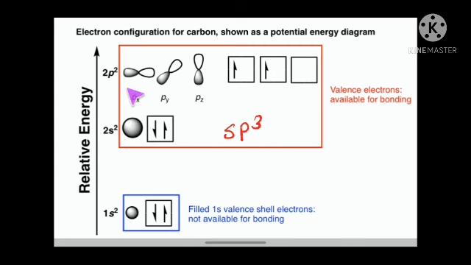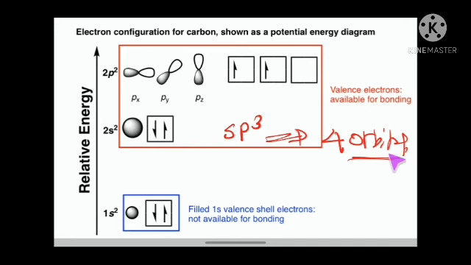All 4 orbitals combine together and they form 4 hybrid orbitals. These 4 orbitals are sp3 hybridized orbitals. So they will create 4 sp3 hybridized orbitals.